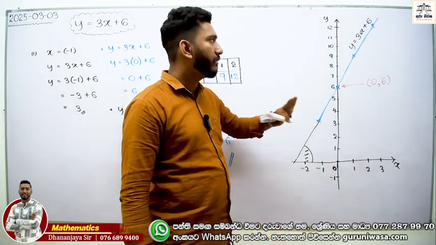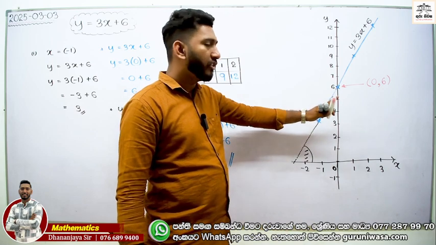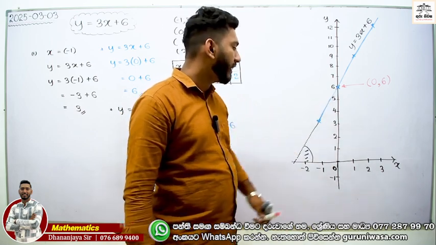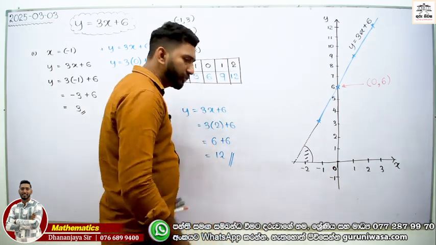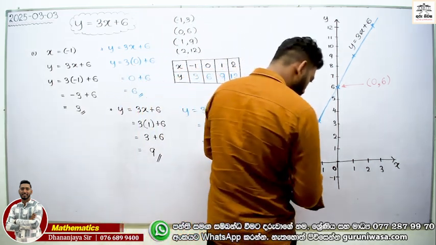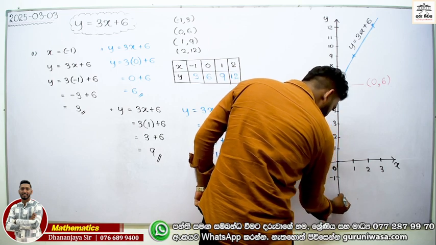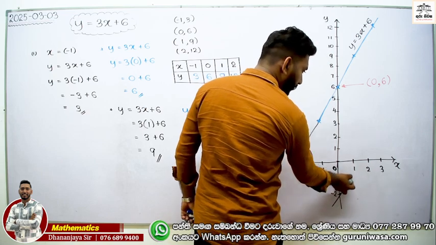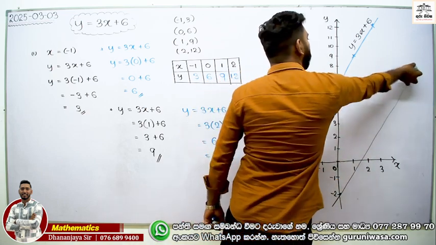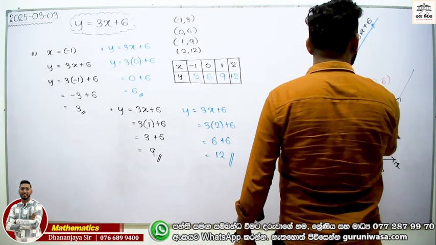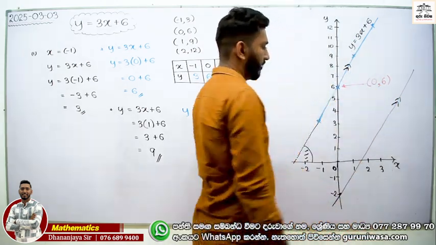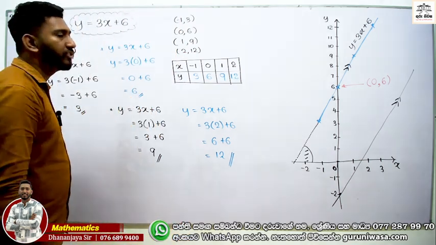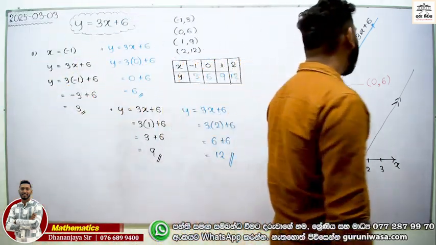The graph should be parallel to this graph and pass through (0, -2). (0, -2) is here. It must go through here, parallel to this one. Very easy, huh?